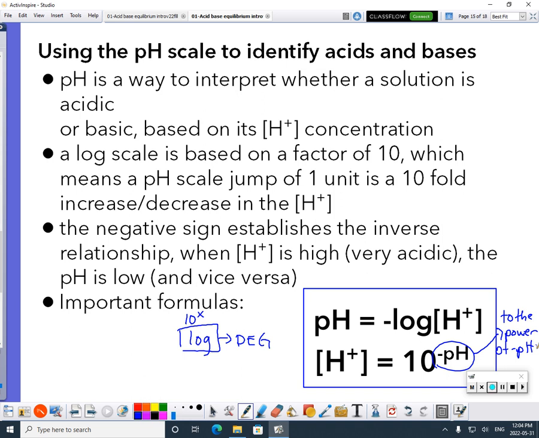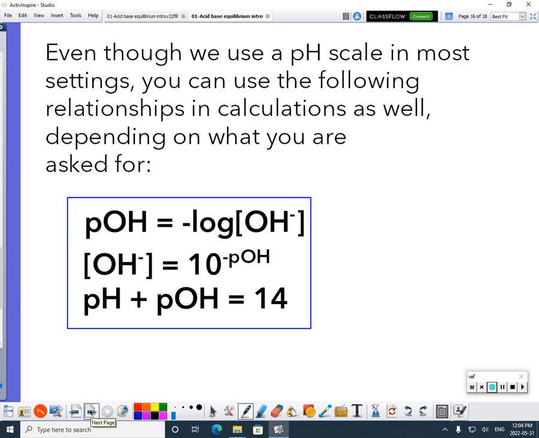We use the pH scale to interpret whether a solution is acidic or basic. You can also calculate pOH, but when you get a base, then you'll always have an extra step. You can do the same sort of thing for a basic solution as well. pOH is negative log of the hydroxide ion concentration.